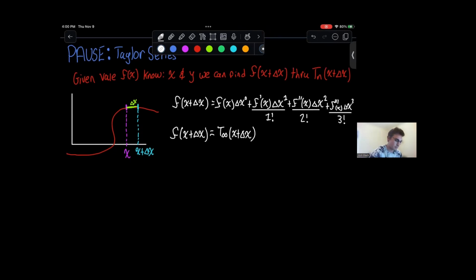What's important, though, is to remember that our Taylor series has diminishing returns. Meaning the more values I add to it, the less each new value adds to my true solution.